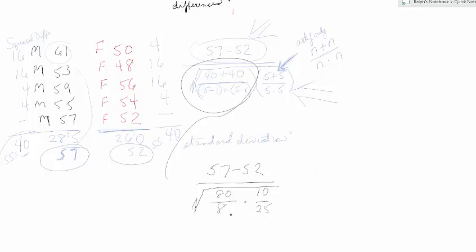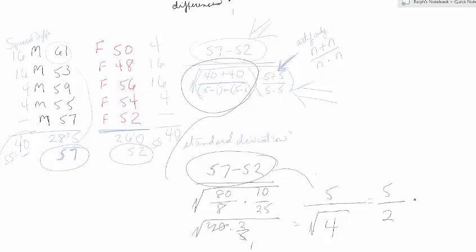So we recognize 80 over 8 as 10, and 10 over 25 as 2/5, and then we divide 5 into 5, 5 into 10, so that leaves us with a denominator of the square root of 4 and a numerator as 5, or 5 over the square root of 4 is 2.5.